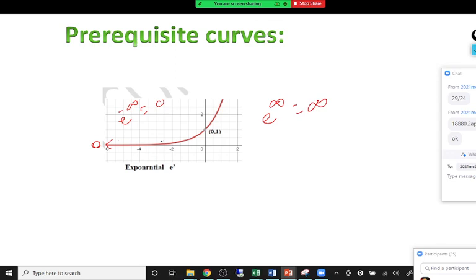This curve intersects the y-axis at the point (0, 1). Why? Because if you put x equal to 0 in y equal to e raised to x, we get e raised to 0, which is 1. So (0, 1) is the point of intersection with the y-axis for the curve y equal to e raised to x.